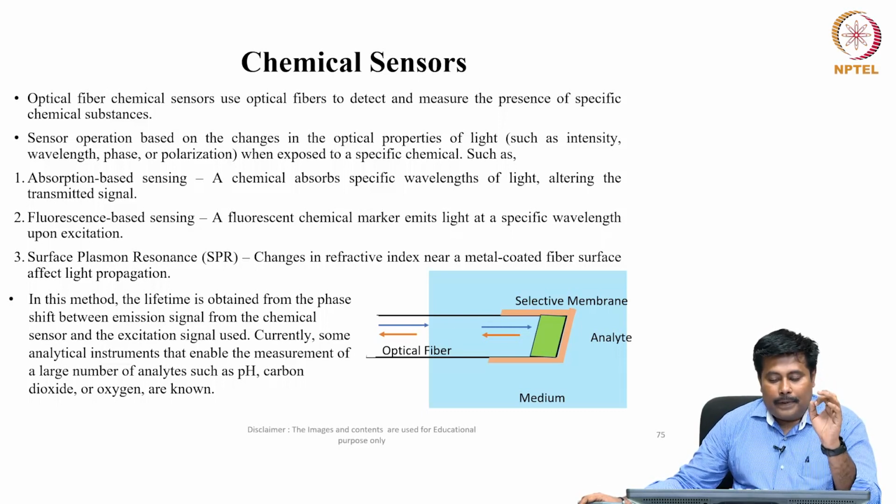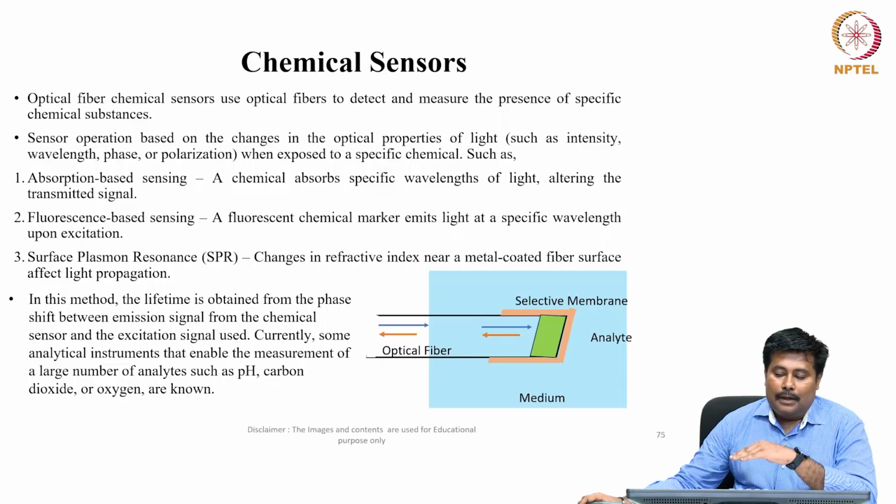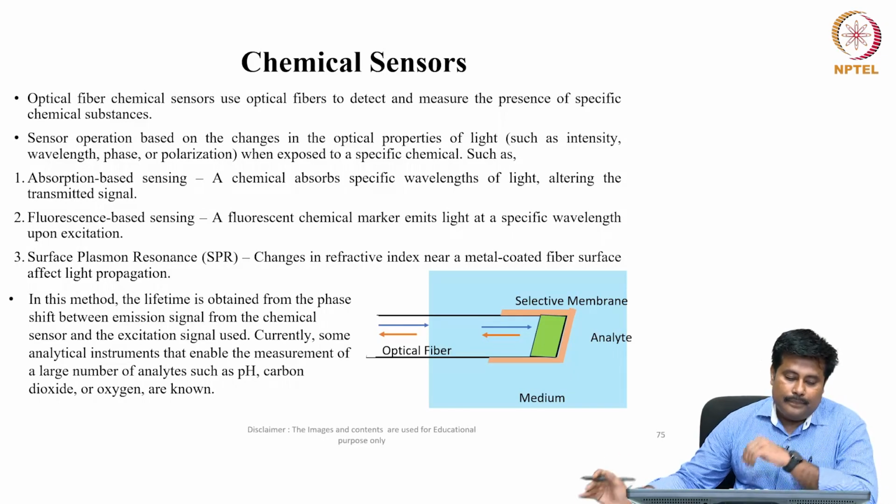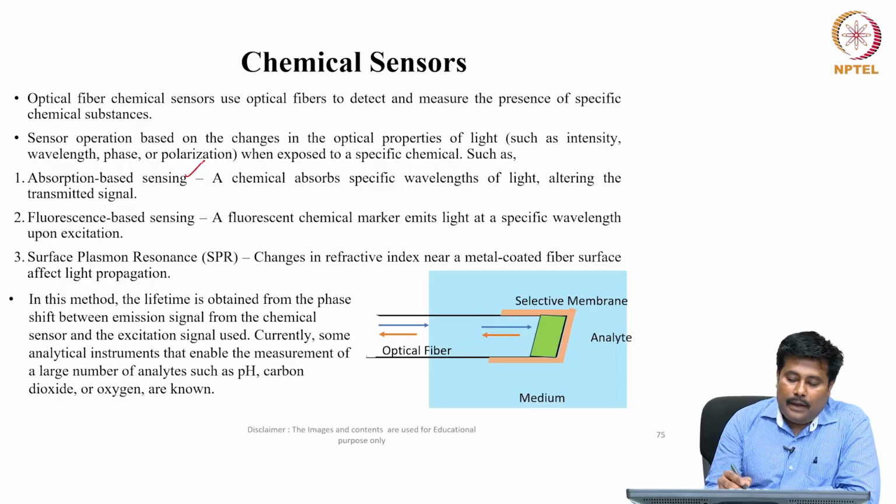So, a sensor operates based on the changes in the optical properties of light such as intensity, wavelength, phase or polarization when exposed to a specific chemical. Such as absorption based sensing, which means a chemical absorbs a specific wavelength of light, altering the transmitted signal.